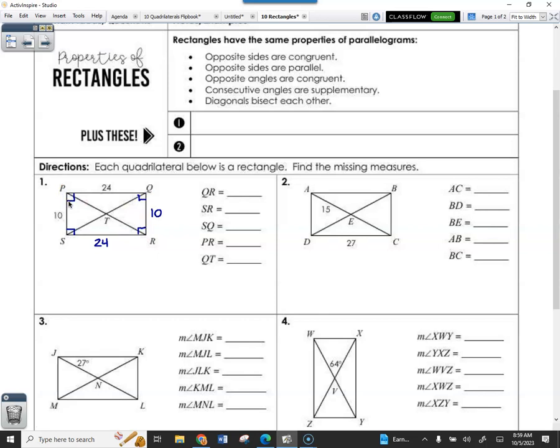And then you'll notice we don't know anything about the diagonals at all. But we do know the properties of the diagonals, and that is that they are equal to each other and that they've been cut in half. So you have 4 equal parts to them, right? Can you tell me what type of shape is embedded within a rectangle when the diagonals are drawn? What shape do you see in there? Triangles, multiple triangles, right?